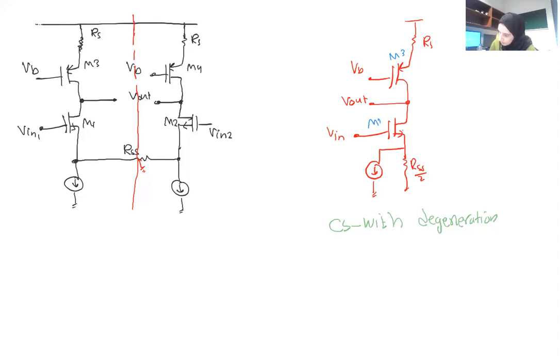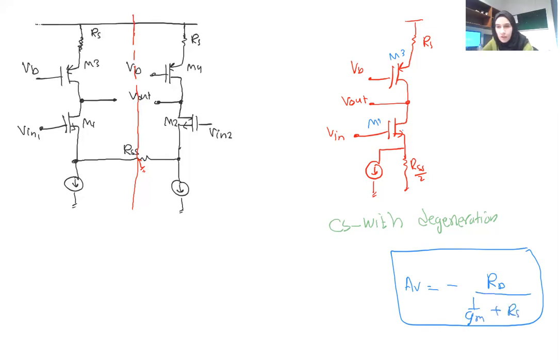And so the standard gain, we said, is minus RD over 1 over GM plus RS. Basically, we draw the line of symmetry. They are exact replica of each other. And this one, how we find it, RSS over 2, we talked about it in the beginning of the class.